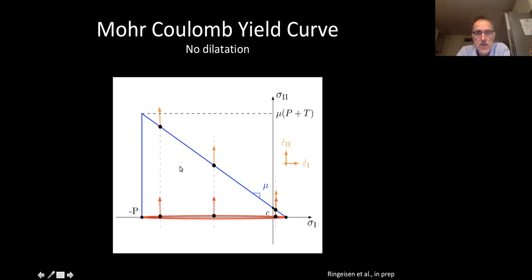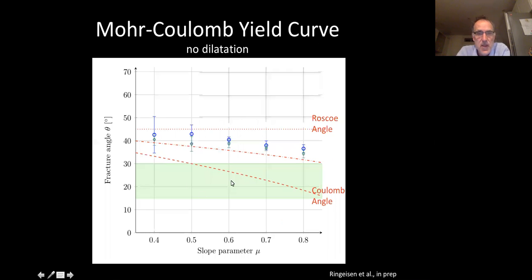When we test such a rheology, we get the simulation result here in blue. This is the fracture angle again, and this is the slope parameter, which is basically the internal angle of friction. What we see is that the simulated internal angle is larger than the range of observation and does not match the Coulomb angle theory. It does not match the Roscoe angle theory either, which is based on dilatation.